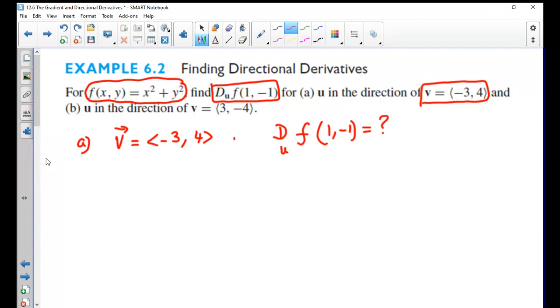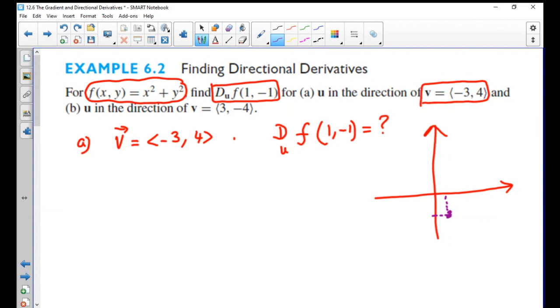So we have a function defined in R2, and I'm looking at the point (1, -1), which is here. At that point, I want the derivative of the function in the direction of the vector v = (-3, 4).